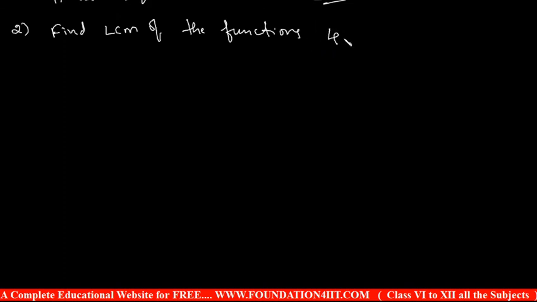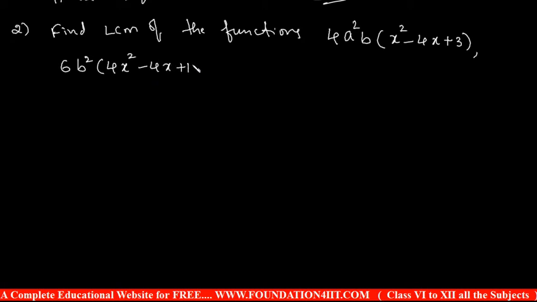There is 4a square b in bracket x square minus 4x plus 3, comma 6b square in the bracket 4x square minus 4x plus 1, comma 3a in the bracket 2x square minus 7x plus 3. Yeah. So these are the three functions, these three expressions.